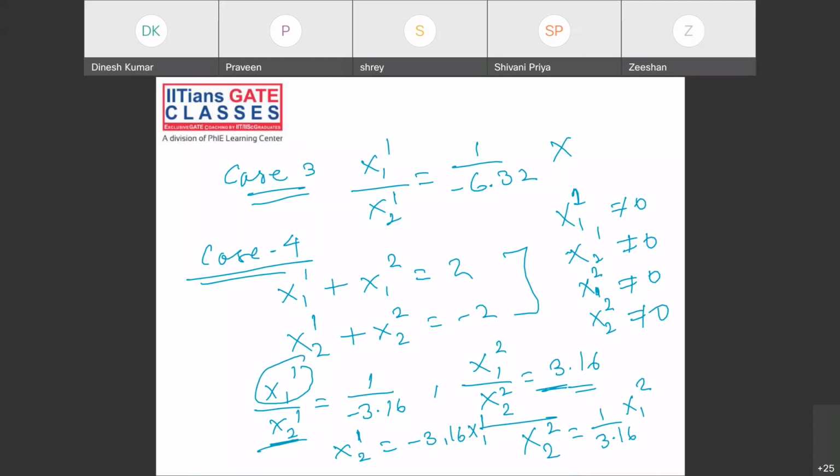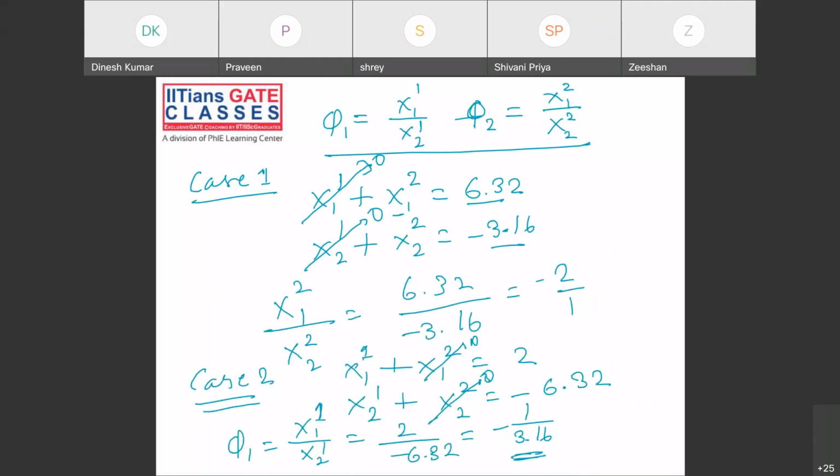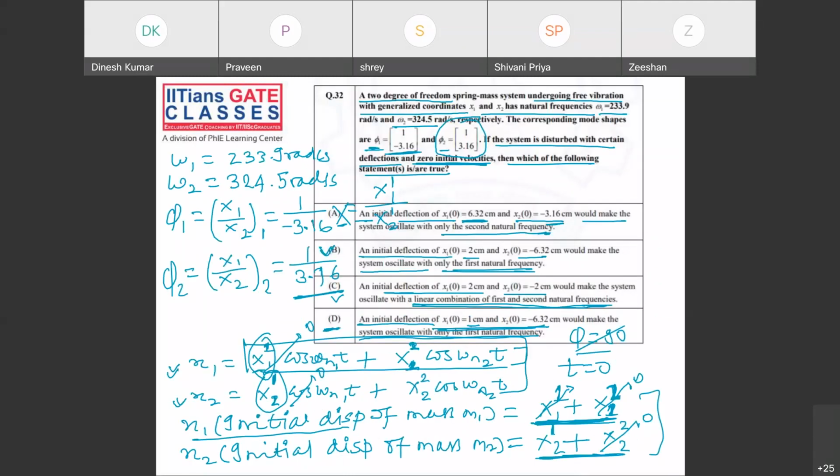Now what you guys can do, you can substitute this equation and this in the second equation. Then we can find the values of x1 1 and then x1 2. Is it clear, guys? Means simultaneously solve and find the values. You will get non-zero values. So that means your system vibrates in linear combinations with first and second natural frequency. It's a combined mode.